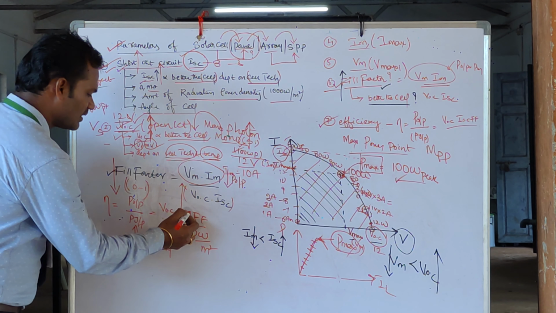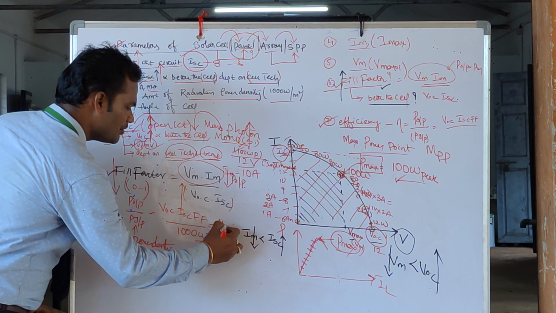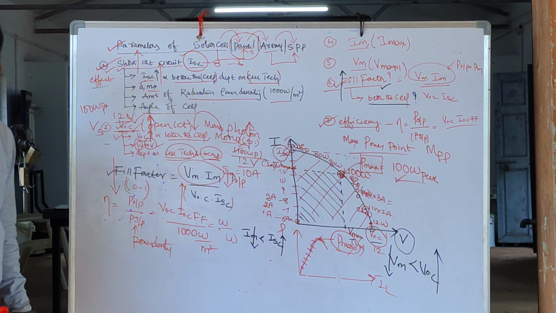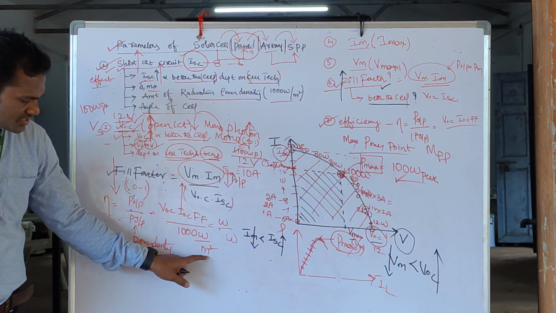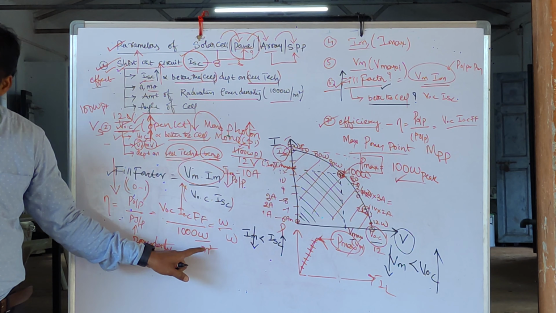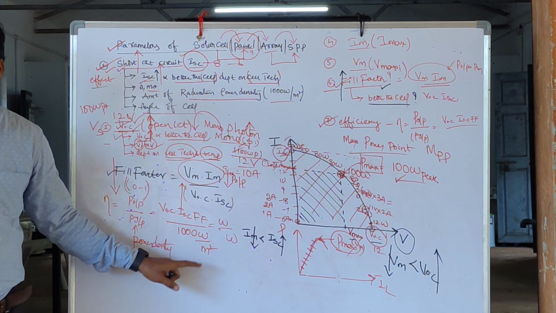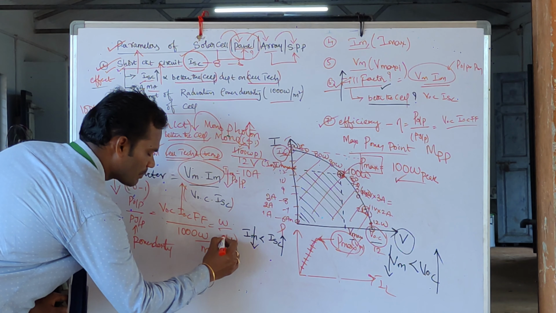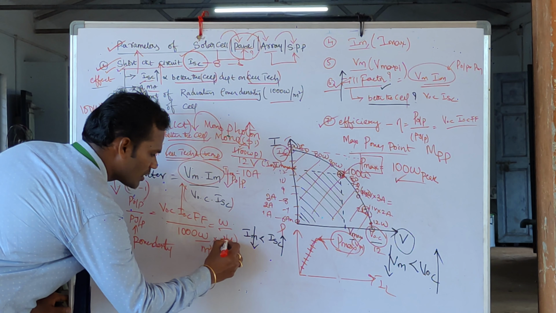You can see the numerator units are watts, so automatically the denominator units should also be watts. Then only we can calculate the percentage. But what is creating a disturbance is watt per area. How to nullify this? To convert into watts, you multiply with the area of the solar panel.